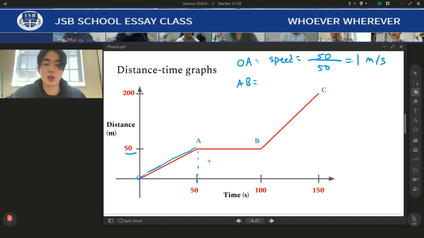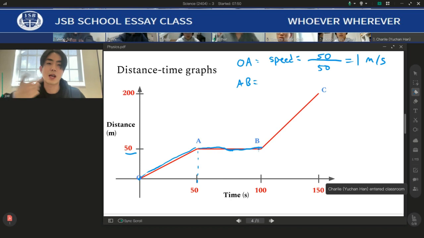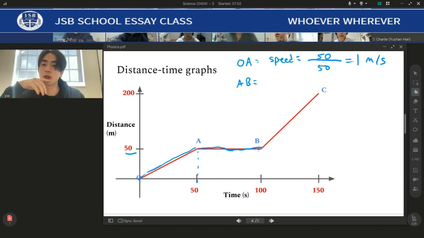Is it moving? Is it stopped? Is it going backwards? What do you think? Same distance, right? So what does that mean? What do you think the car is doing? Same speed? Speed of what?